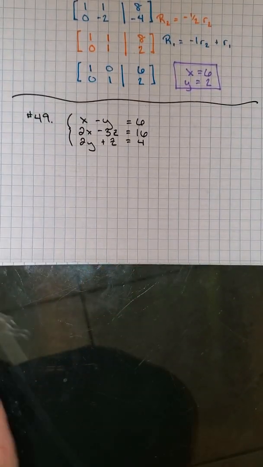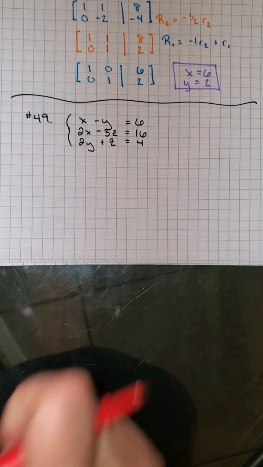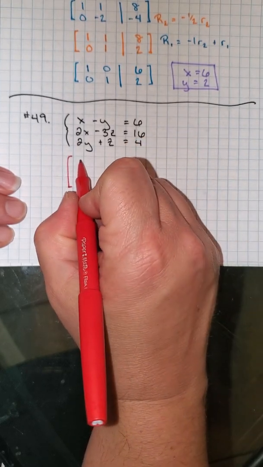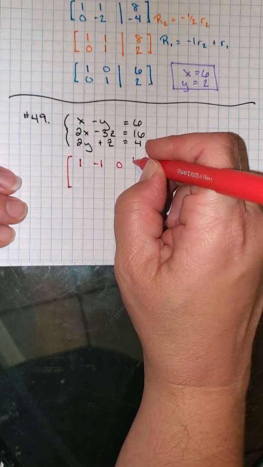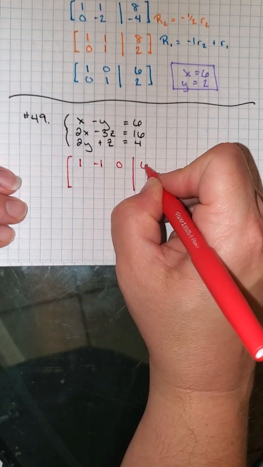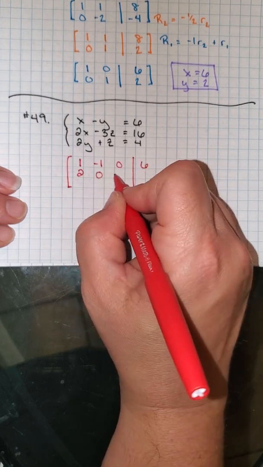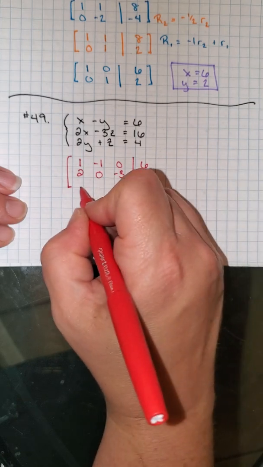So let me write the matrix out before I use my calculator to solve this one. We've got 1, -1, 0, and then the constant on the right is 6. We have 2, the y actually is 0, -3, our constant is 16.